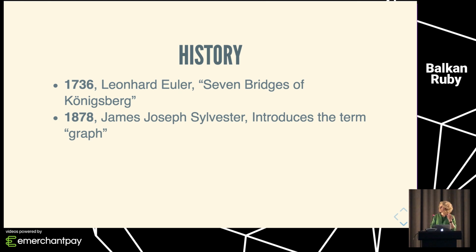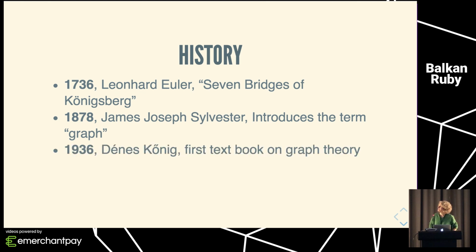At this time, it was just a mathematical concept, and the mathematicians were working with it, but it had no practical application. Then in 1936, the first textbook about graph theory was published, but it was still a very specific topic.